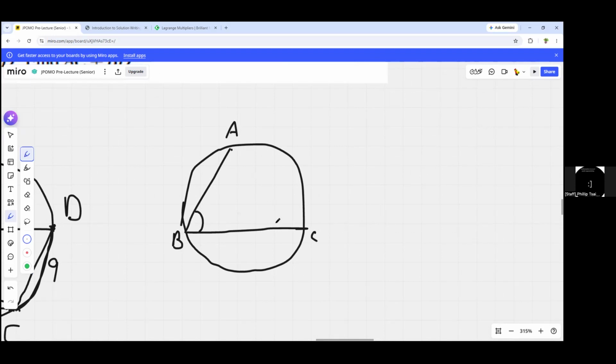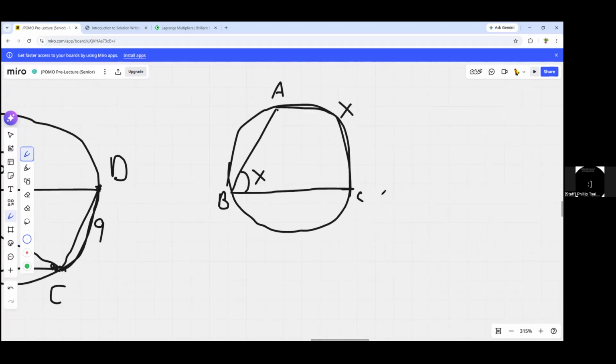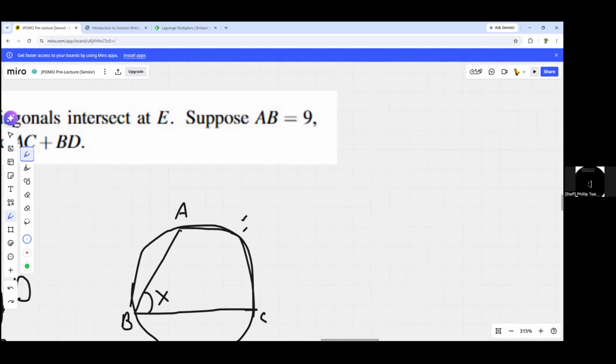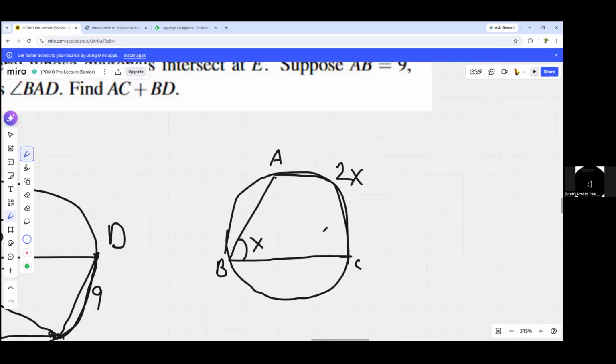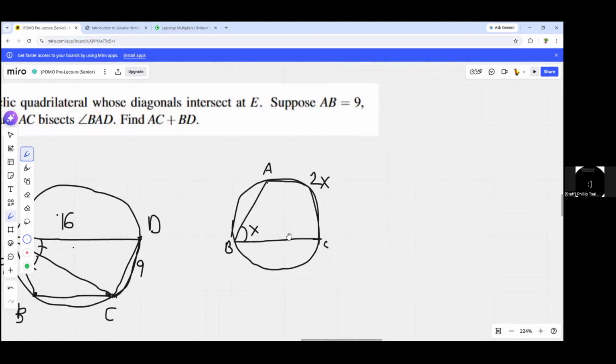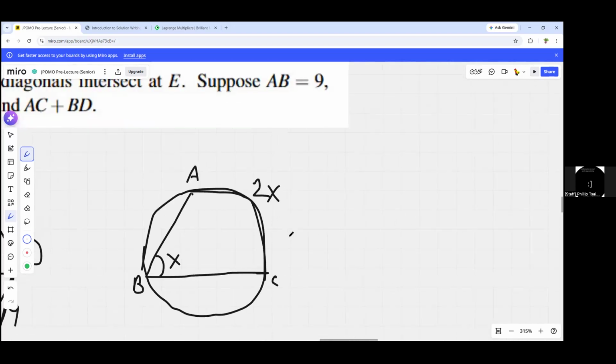So for example, if I have an angle ABC with angle X, this arc right here has arc angle 2x.